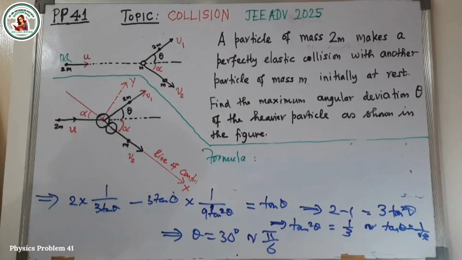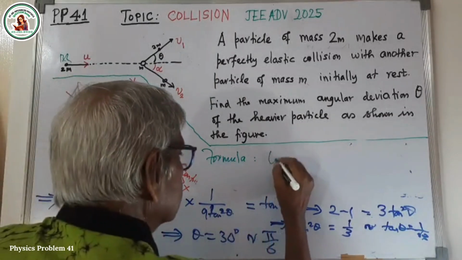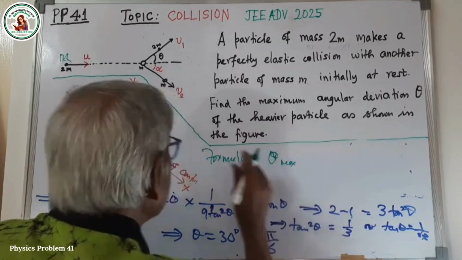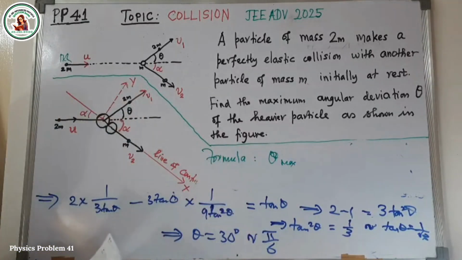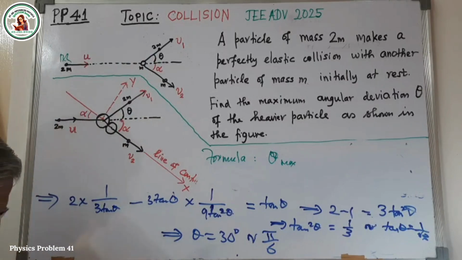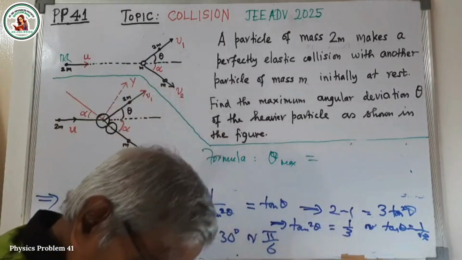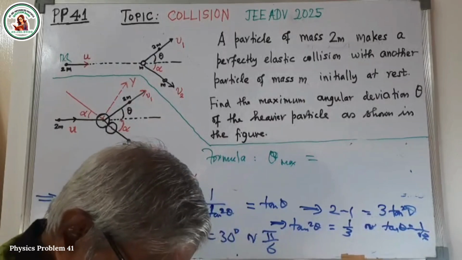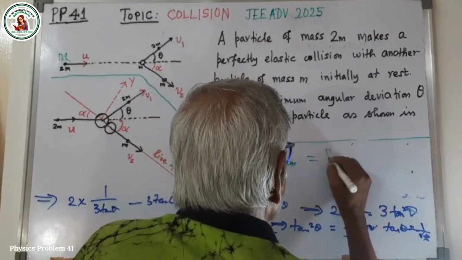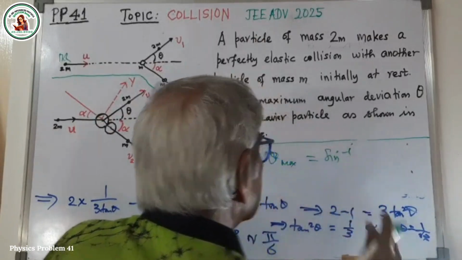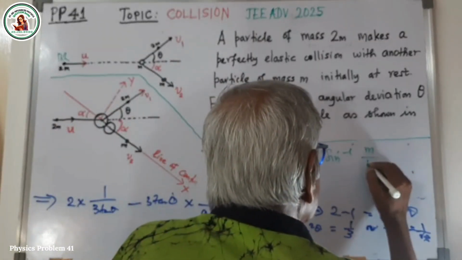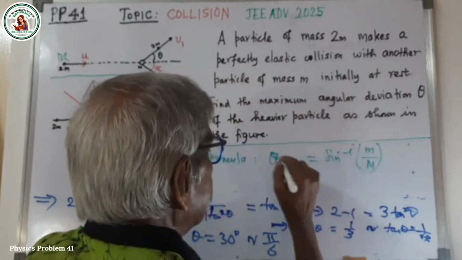So the formula says theta maximum for this type of question, that is, the larger mass must be moving and colliding with a smaller mass at rest, is given by theta maximum equal to sine inverse of small m by capital M. That is our formula.